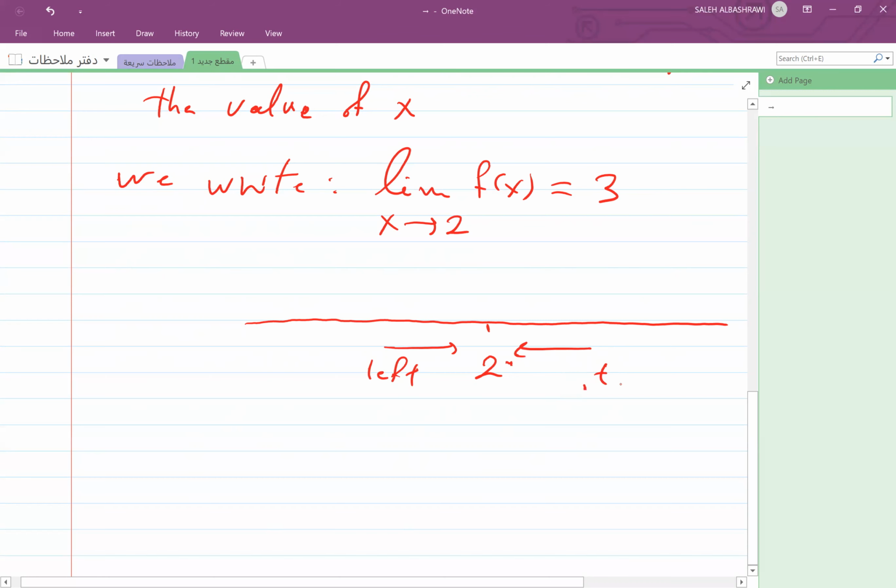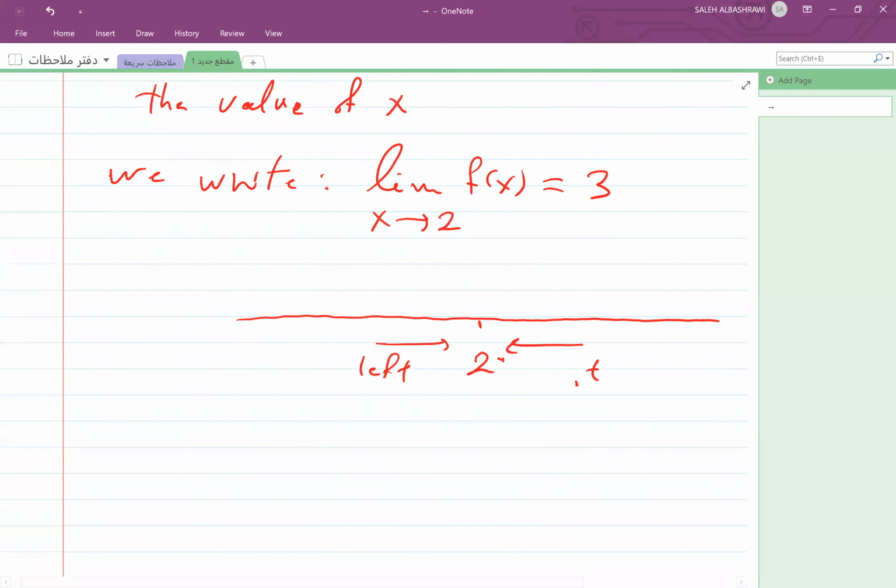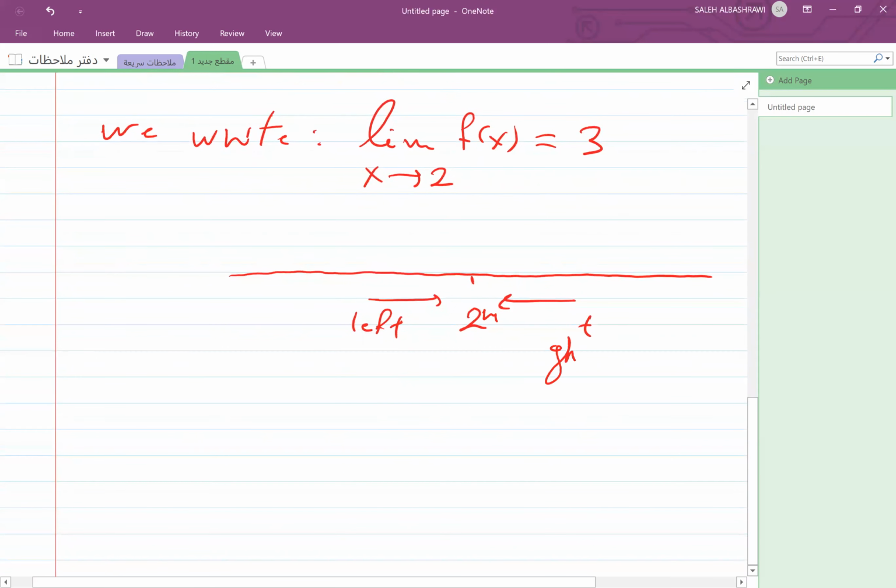So I have two sides, or two directions, to approach the number 2, left or right. And because of this, we say that for a function, I have two limits, the left and right limit.